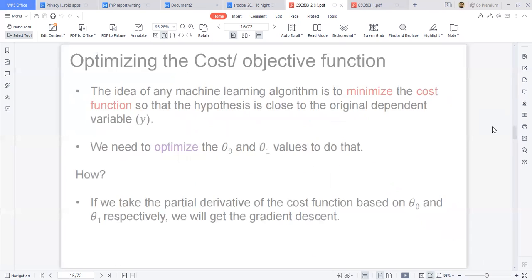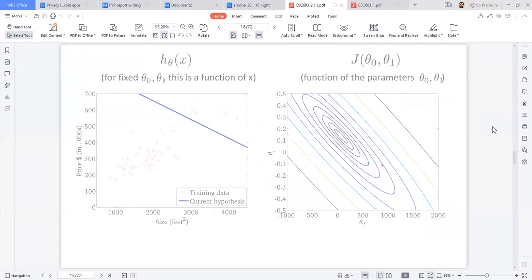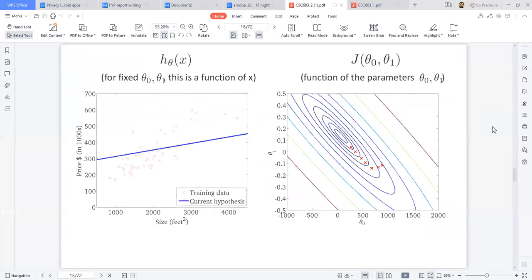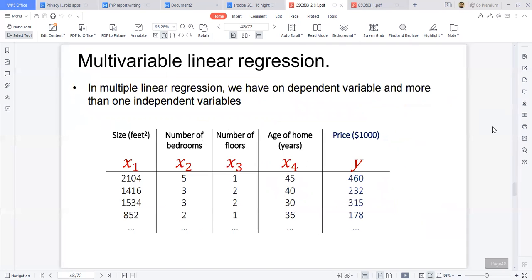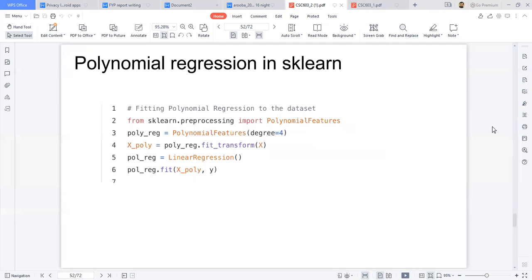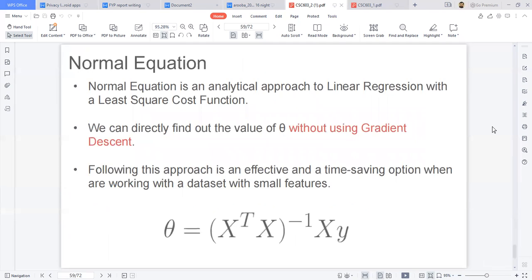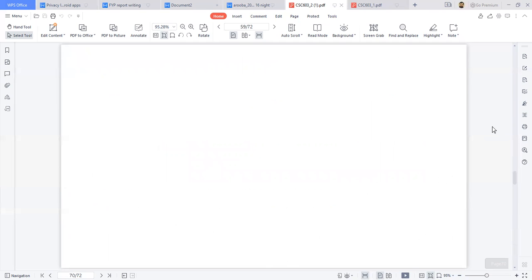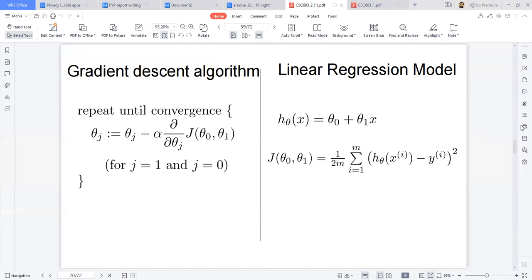Because this is a full topic, there is a full lecture about linear regression and multivariate regression. So this one we can learn tomorrow. Okay, any question till now?